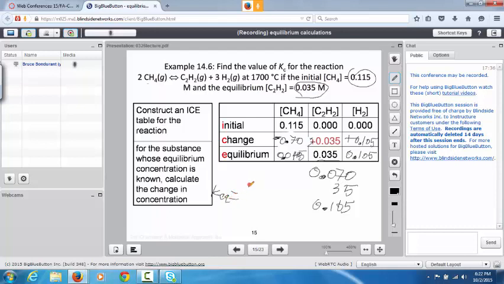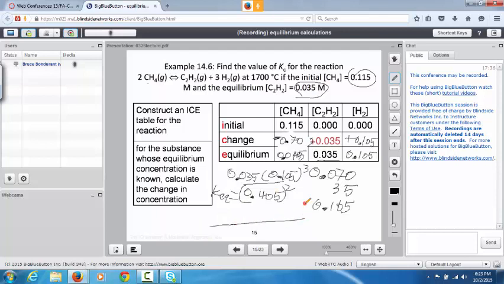KEQ equals 0.045 on the bottom, and that would be squared, and on the top you have 0.035 times 0.105 to the third power.